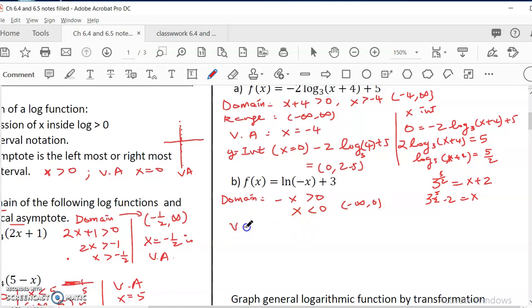The vertical asymptote is still x equals 0. What you can input here is all the negative numbers, because negative of a negative is positive. The range is all real numbers, negative infinity to infinity.